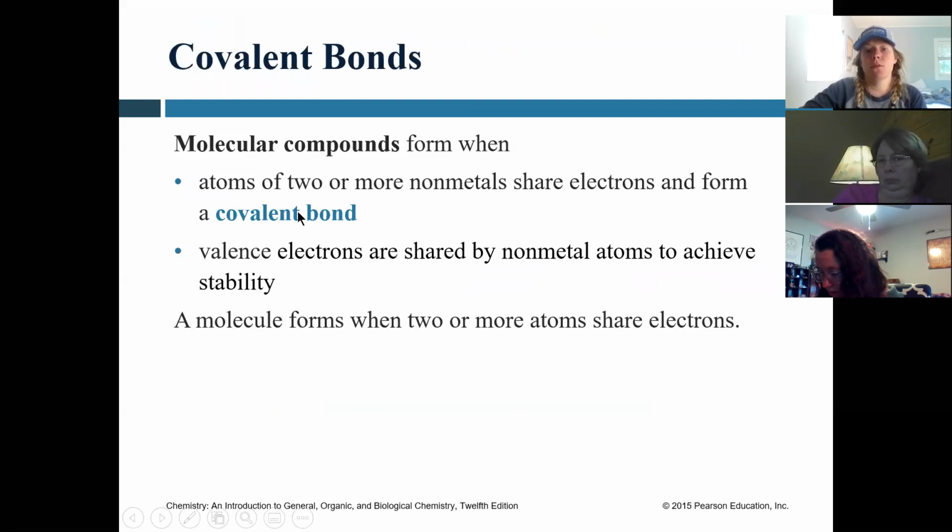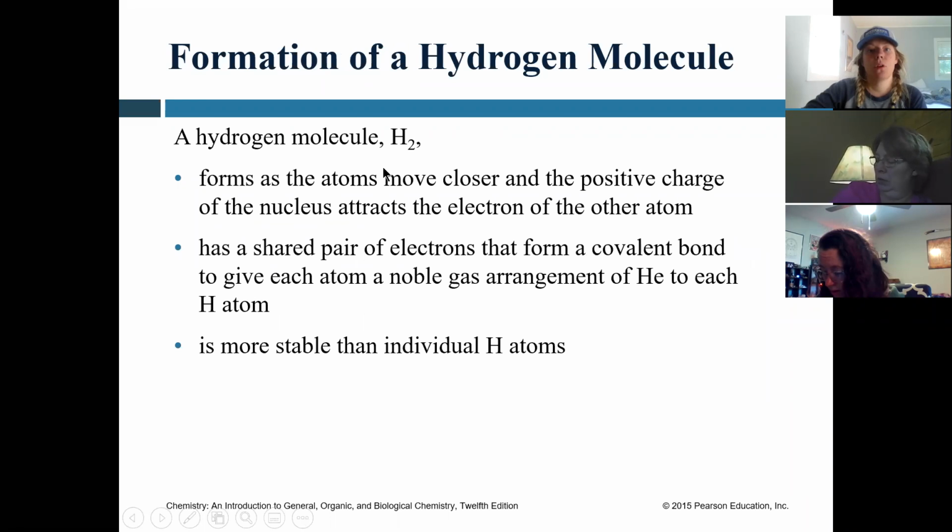So molecular compounds form when atoms of 2 or more nonmetals share electrons to create a covalent bond. Valence electrons, and when we say valence electrons, we just mean the outer electrons, are shared by the nonmetals to create an octet or a duet, some sort of stable configuration. So we can talk about hydrogen, the hydrogen molecule, H2.